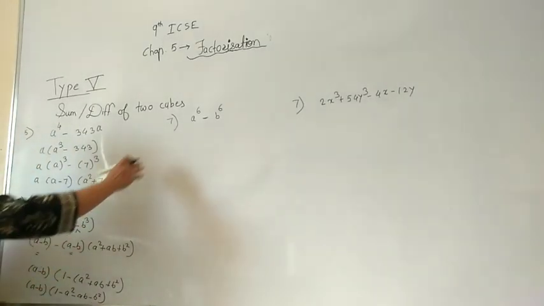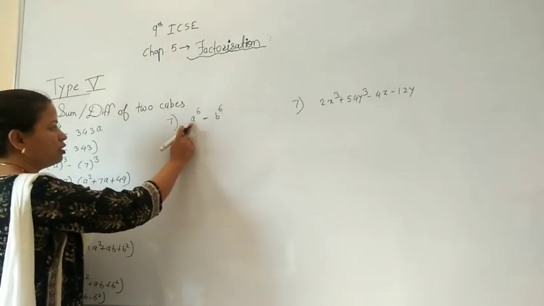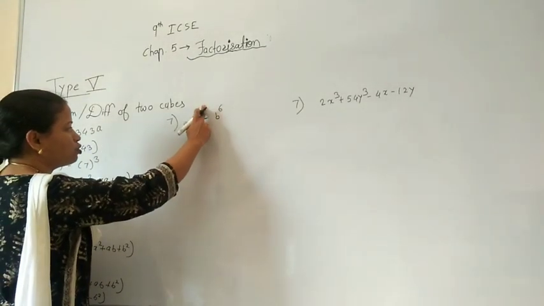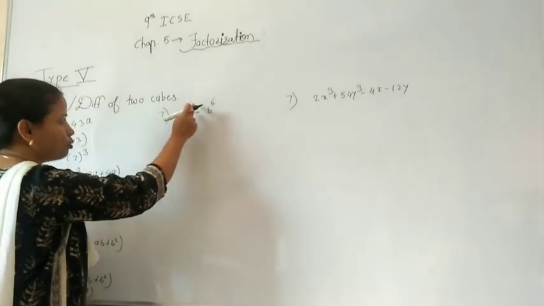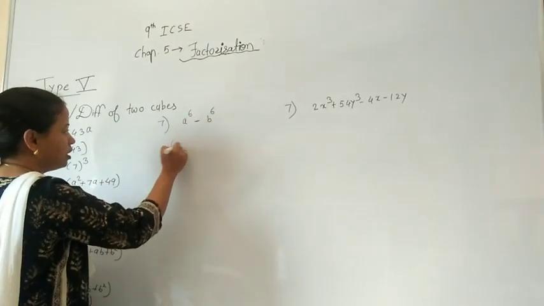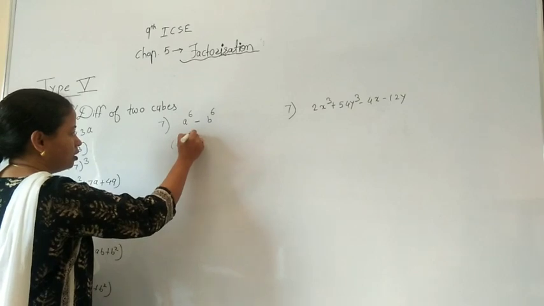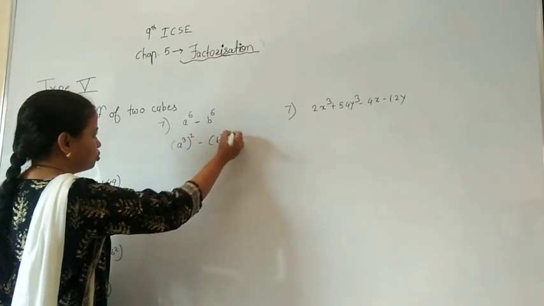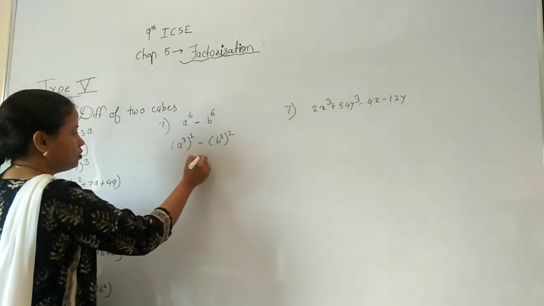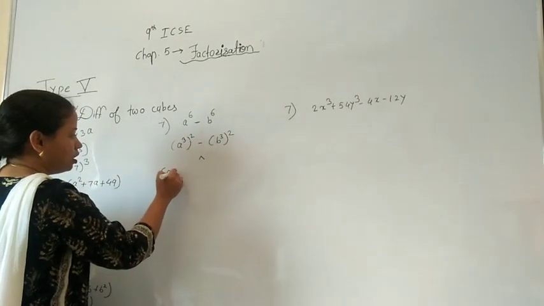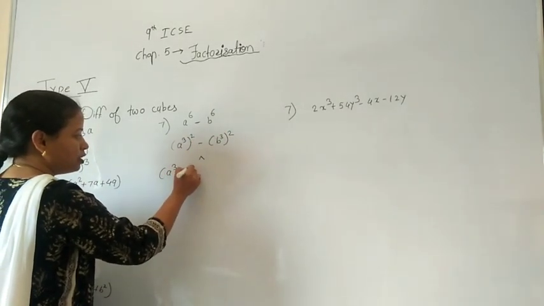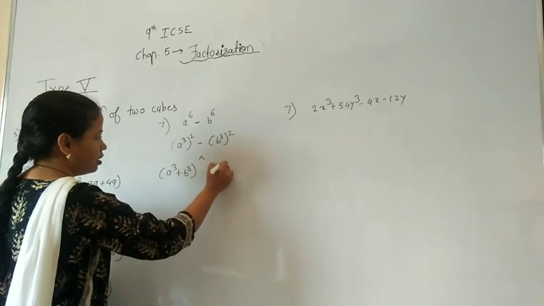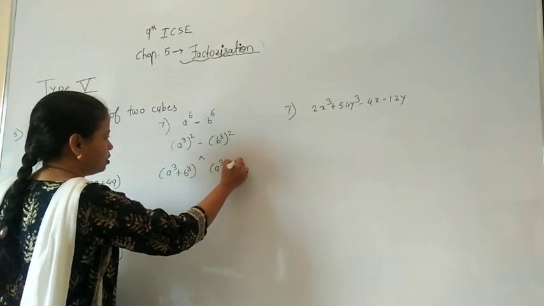Okay. Now this question is a little bit different. Here we are having a raised to 6 minus b raised to 6. Now raised to 6 we are converting like a cube raised to 2 and b cube raised to 2. As they are squares, it will further factorize into a cube plus b cube and a cube minus b cube.